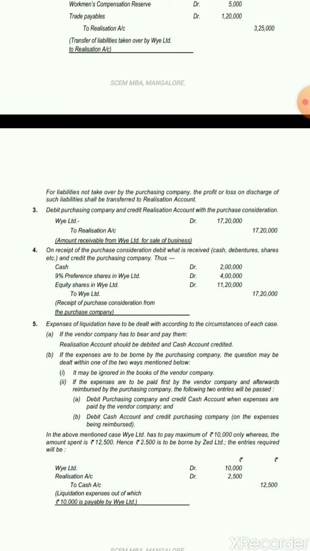And then we may have to see the third journal entry, which is debit purchasing company and credit realization account with purchase consideration. So this entry is being passed for the purpose of purchase consideration. See, what is the entry?